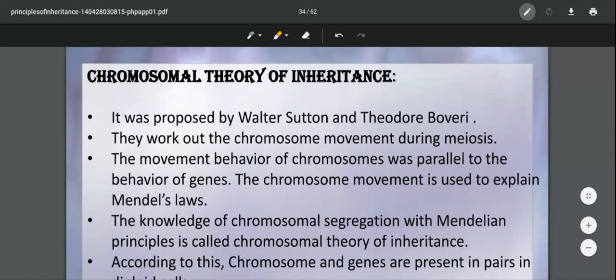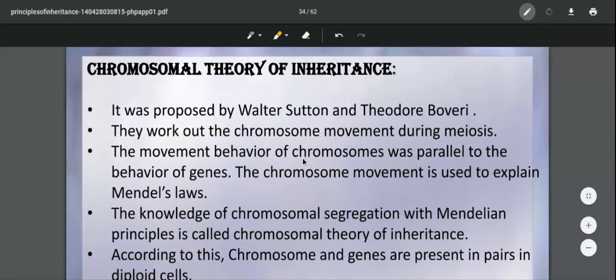So people had already taken a look at the nucleus, they had seen the chromosomes, and they knew how chromosomes behaved. So at that time it was easier for them to rediscover his work.